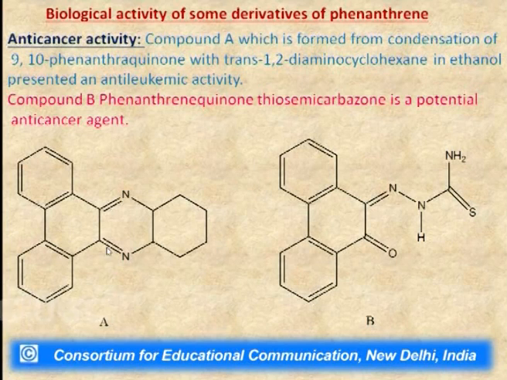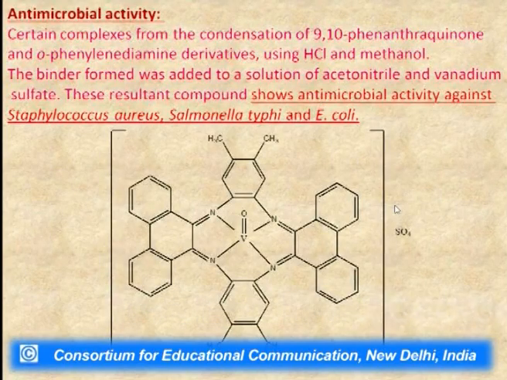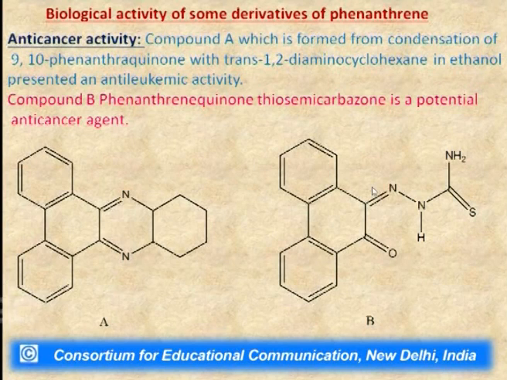When these two condense together, the condensed product fights against cancer, so it presented an anti-leukemic activity. Likewise, this is compound B. Here also this is the phenanthrenequinone part, and this second half is the thiosemicarbazone. This condensation product of phenanthroquinone also shows anti-cancer properties.